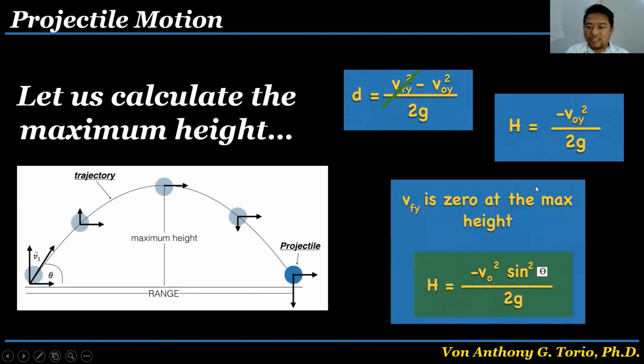Notice that when you expand v naught sine theta and you square it, you actually get this expression. That's negative v naught squared. Look at where the exponent 2 gets in. That's sine squared theta, or that could be sine theta squared. But it's not the theta that you are squaring. It's the expression sine theta all over 2g. And that's the entire equation for calculating the maximum height.